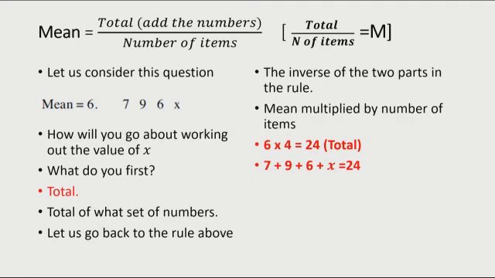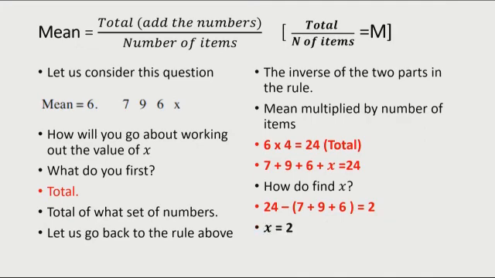Now what did we do for total? We added. So we're going to subtract. We take 24 and subtract the 3 numbers given, the 7, 9 and 6. And we've got X equals 2.